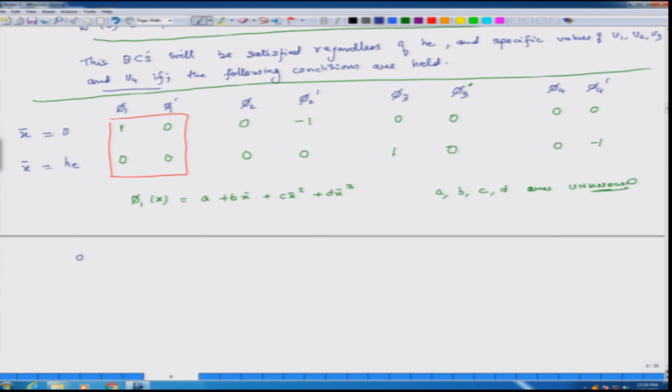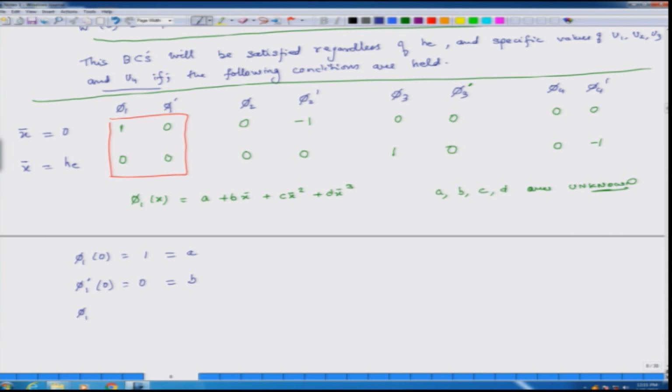Phi 1 at 0 equals 1, and when I put x equal to 0, I get A. The second condition is phi 1 derivative at 0 equals 0 and this is equal to B. If I differentiate phi 1 and put x equal to 0, this is what I get.